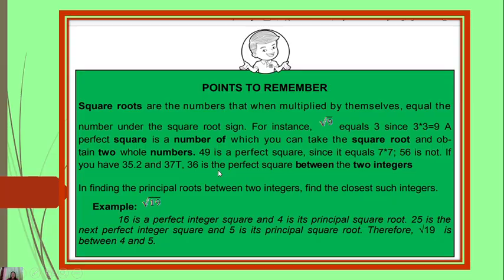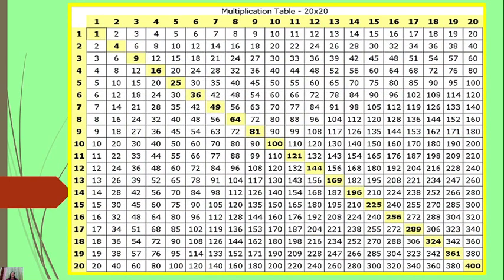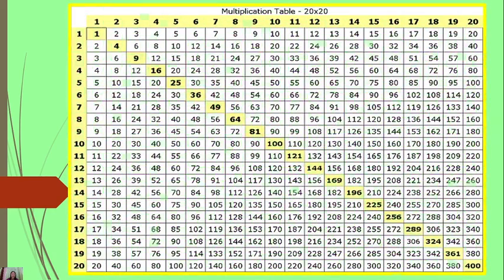Next, let's say this one. Square root of 20. Halimbawa, nasaan ang square root of 20 natin? Ang square root of 20 is not a perfect square. Therefore, square root of 20 is irrational, right?